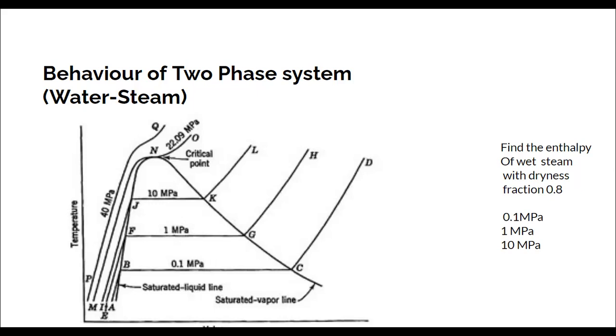So if you substitute the values, hf plus x times hfg means 418 plus 0.8 into 2257, which would give us the specific enthalpy at 0.1 megapascals when the steam is 80% dry.